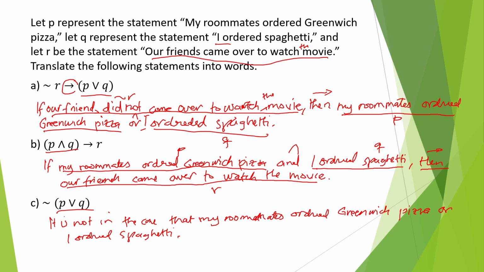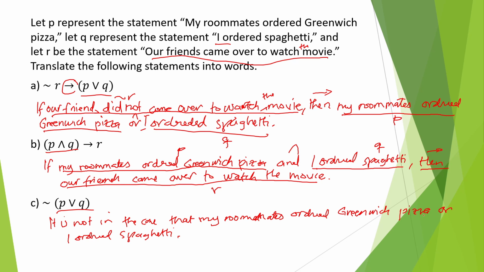My roommates ordered Greenwich pizza, or our Q here is I ordered spaghetti. It is not in the case that my roommates ordered Greenwich pizza or I ordered spaghetti.